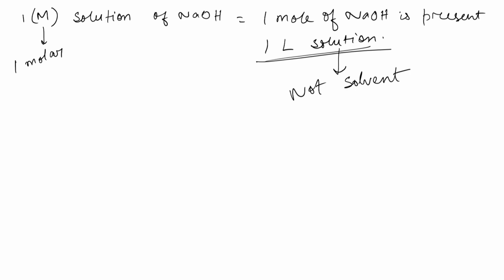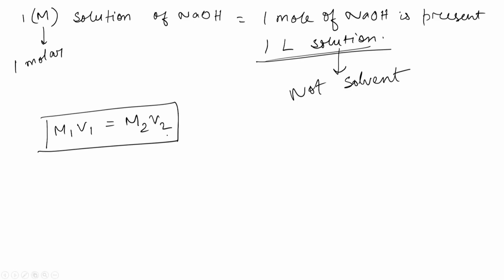So, let's say we have one example. There is another thing to learn about molarity, that is the formula M1V1 is equal to M2V2. What is this?